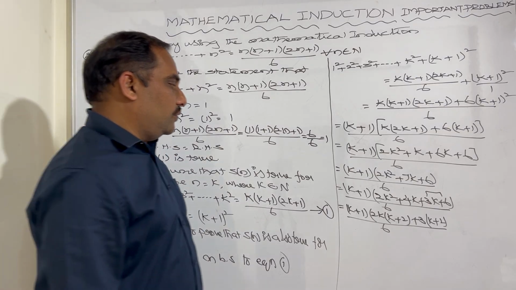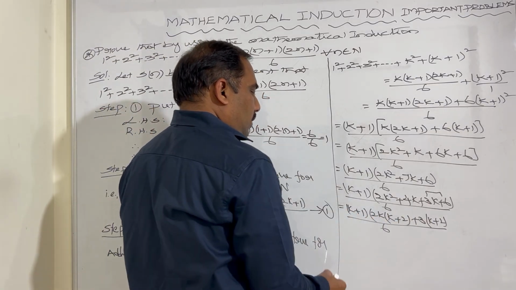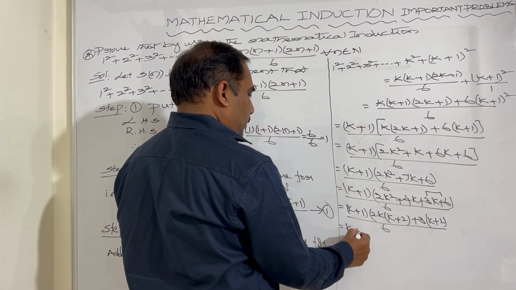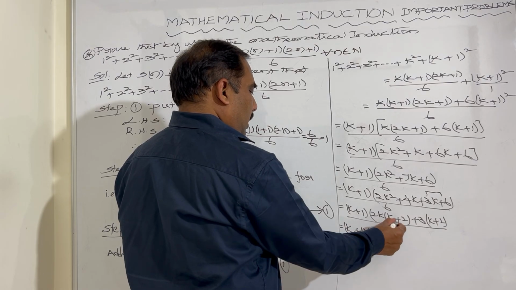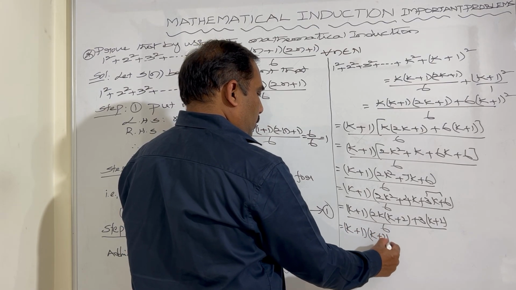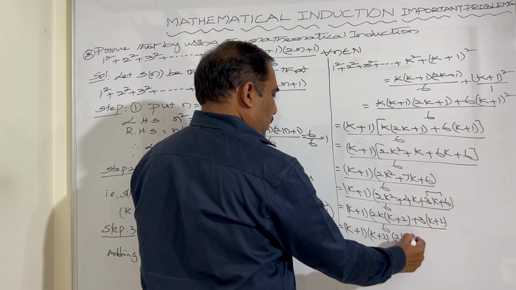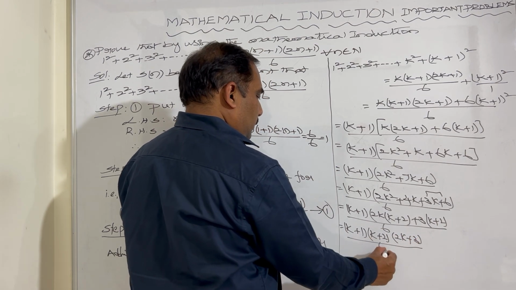So finally, when you take k plus 2 common here, we get k plus 1 into k plus 2 into 2k plus 3, whole divided by 6.